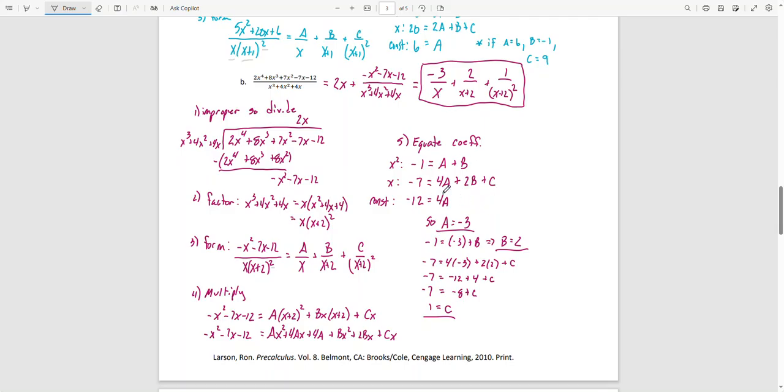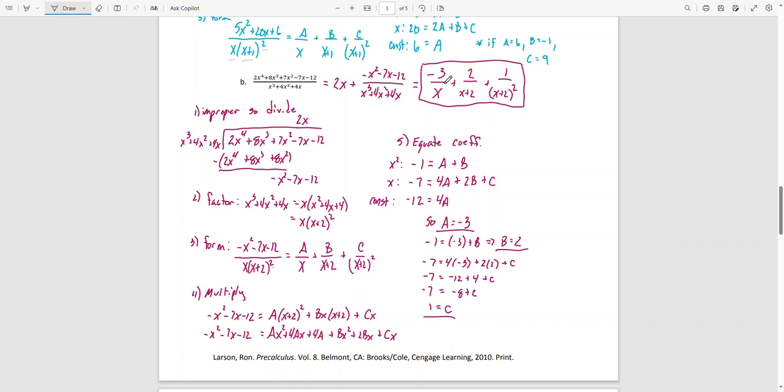When we get these equate coefficients, a lot of times we'll have just an easy answer. And that's why I wanted to show you this method in as many examples as possible. A is negative 3, b is 2. In this equation, negative 7 equals negative 12 plus 4 plus c. Negative 12 and 4 is negative 8. If you add 8 to both sides, you'll get c equals 1.